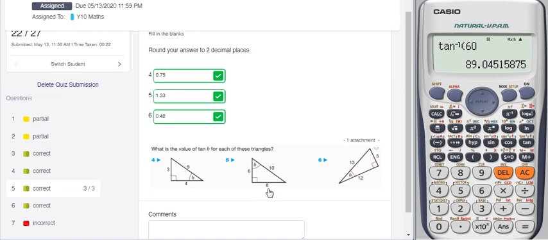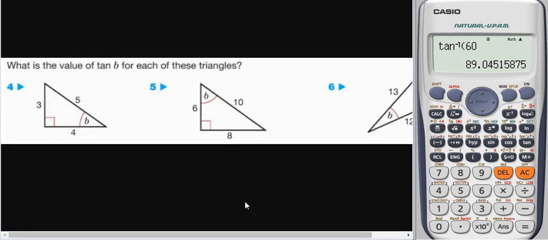Okay, round your answer to 2 decimal places. Now you have 3 triangles here, and the question is asking for the value of tangent of B for each of these triangles. So the tangent of B is going to be the opposite side divided by the adjacent side, that is TOA, okay?